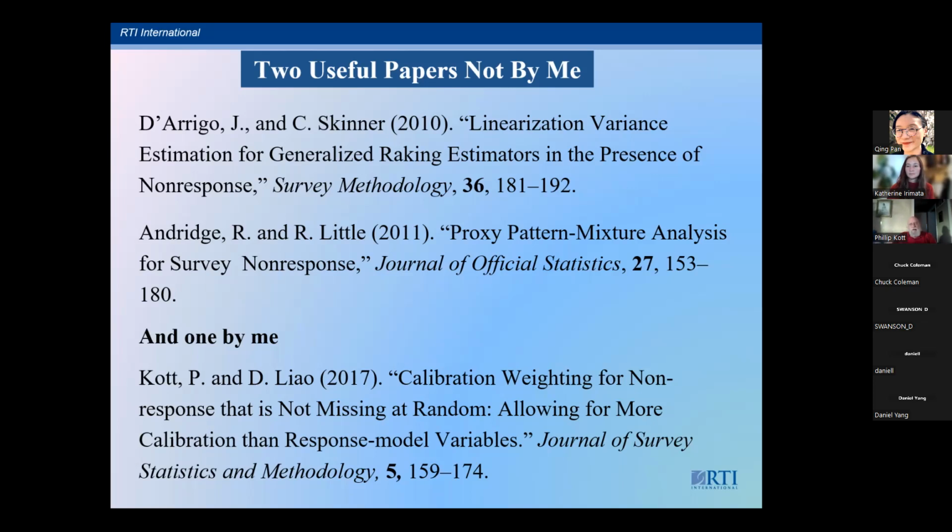His variance estimator is completely wrong, but it works out okay because his outcome model isn't bad. Even though he doesn't believe in outcome models anymore, he only believes in response models and probability models. And even though he knows there's no proof that his variance estimator should work, it basically works because the outcome model works. And the outcome model works even if it is incorrect, as we found out in Diageo and Skinner's paper. Even though we know it really should be a logistic model, not a linear model, they're fitting it with the linear model, and it still works.